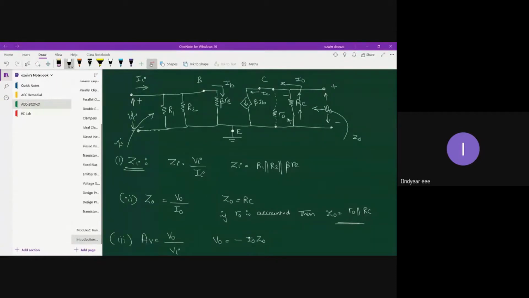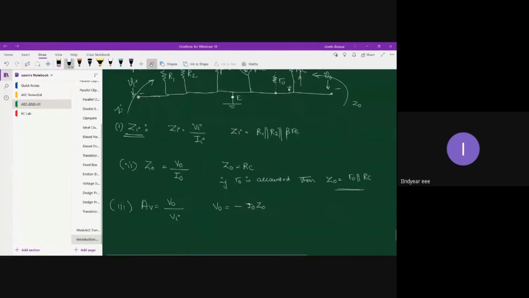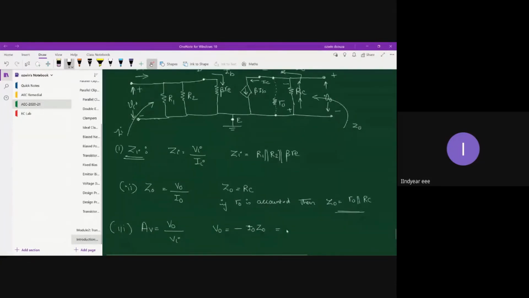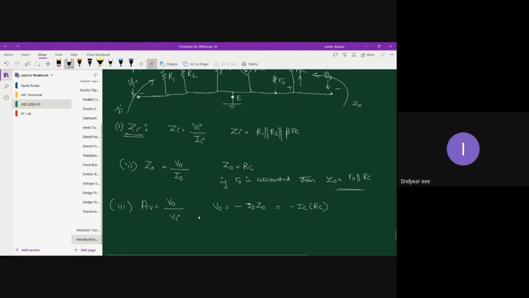So that's the reason I'm writing V0 as minus I0 into Z0, because the polarity is opposite to what we have assumed. I0 is nothing but IC here, so you can directly write minus IC into Z0. Z0 we have already found, that's RC. We'll neglect the effect of R0.